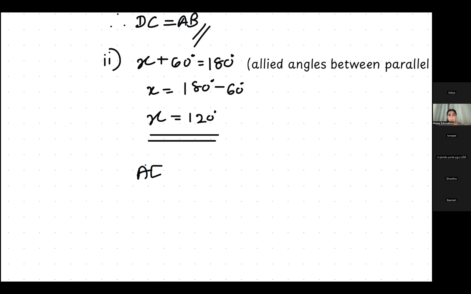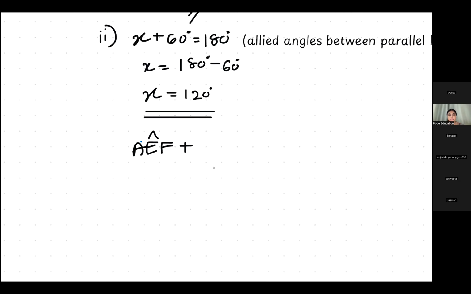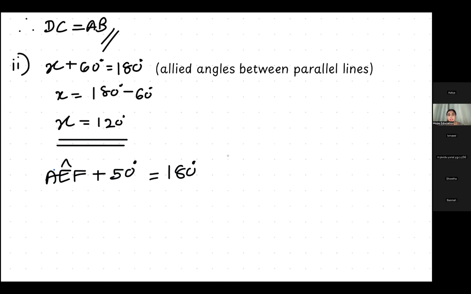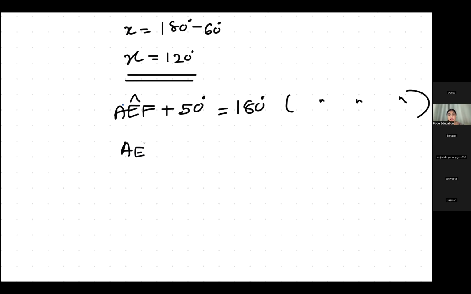AEF plus 50 equals 180. Again, same reason. Allied angles between parallel lines. So AEF equals 180. This 50, when you bring it to the other side, it becomes minus 50. So AEF equals 180 minus 50, that is 130.